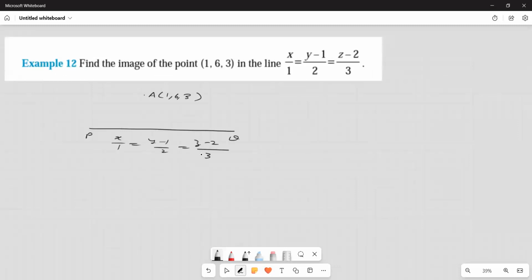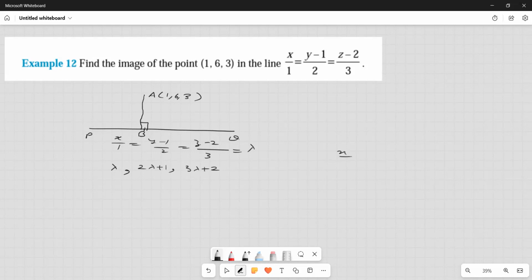This is the line. If I want to take any point B on this PQ, I will get it by putting this lambda. So the x point will become lambda, the y point will become 2 lambda plus 1, and z will become 3 lambda plus 2.